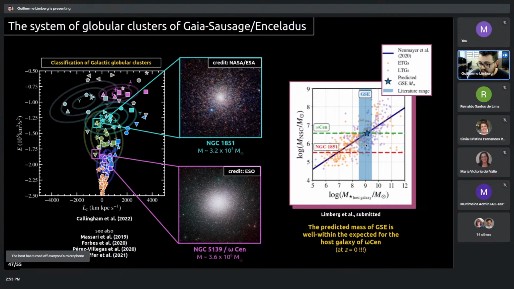Despite the scatter in this relation, it would be very weird if the host galaxy of Omega Centauri was any other accreted dwarf galaxy that we know in the Milky Way. Of course, the caveat is that this relation is calculated at redshift 0. So at redshift 2, which is the redshift of accretion of Gaia-Sausage, we don't know how this relationship changed. But nevertheless, this is what we have at the moment.